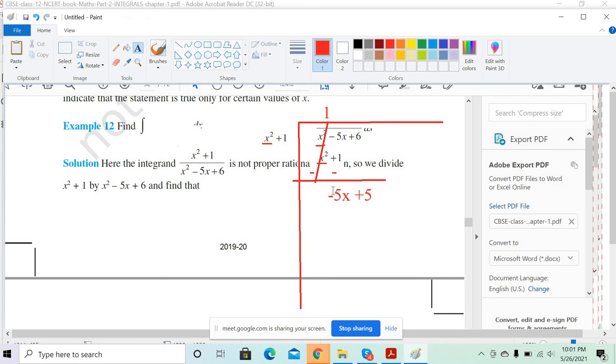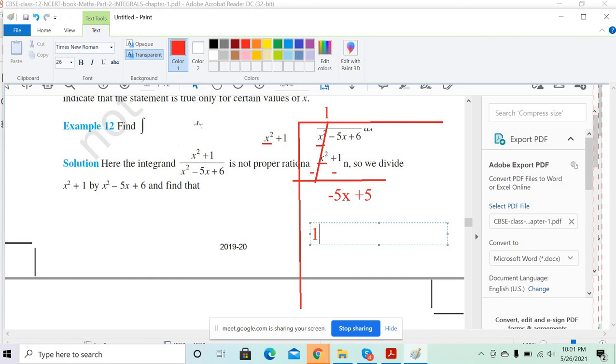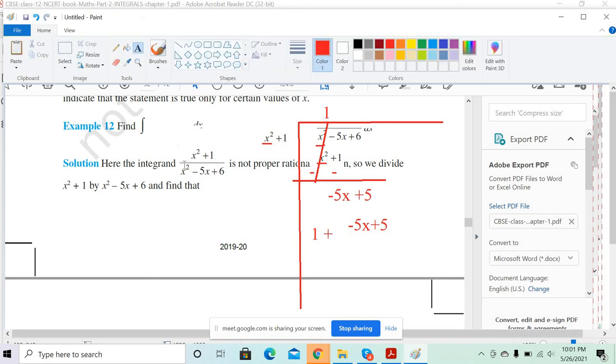Yes, sir. So the remainder you got is minus 5x plus 5 and the quotient you get is 1, isn't it? So this can be written as 1 plus minus 5x plus 5, the whole divided by x square minus 5x plus 6, isn't it?